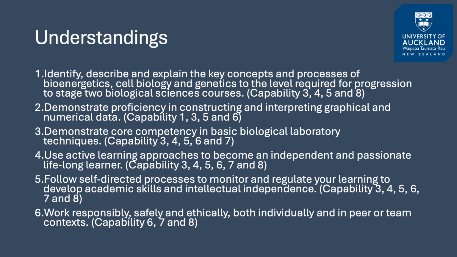The fourth is to use active learning approaches to become an independent and passionate lifelong learner. The fifth is to follow self-directed processes to monitor and regulate your learning to develop academic skills and intellectual independence. Finally, number 6 is to work responsibly, safely, and ethically, both individually and in peer or team contexts.